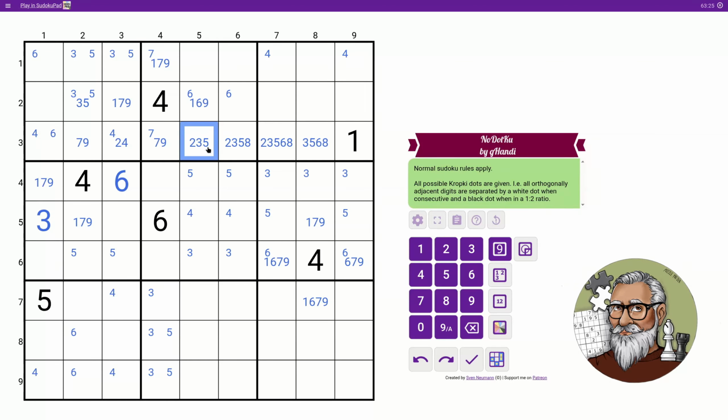This is 2, this is from 3, 5. So one of these would have to be 8.